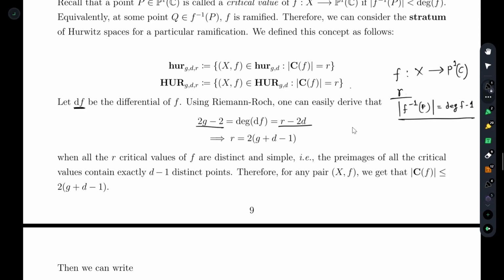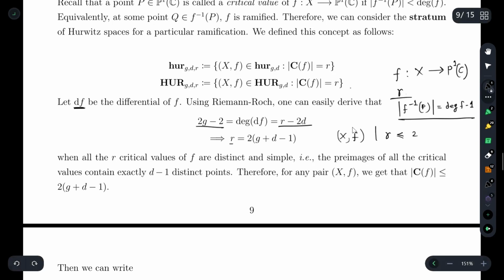And from that we can deduce that r is equal to 2 times (g plus d minus 1). So this is the optimal case, and this shows that for any such pair (X, f), where X has genus g and f has degree d, the number of critical values can be at most 2 times (g plus d minus 1).